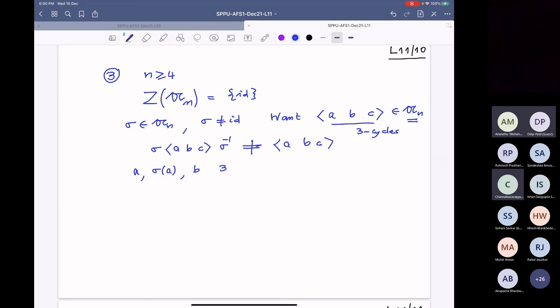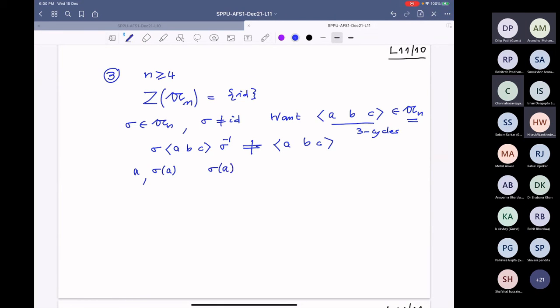Is that enough? I will choose actually 2 elements first, so that sigma A is not equal to B. Sigma A is not A. And B and C different elements. B and C, along with these, these 4 elements I will choose distinct.